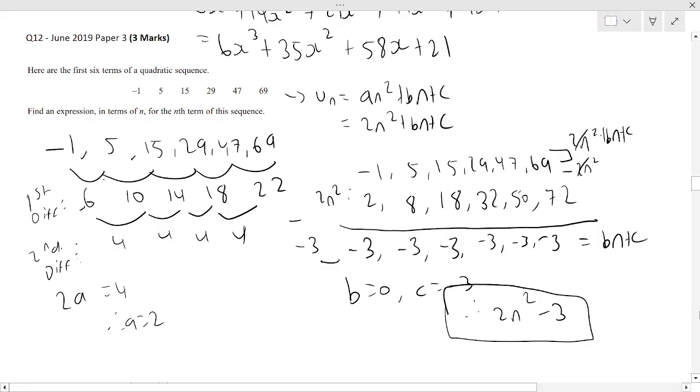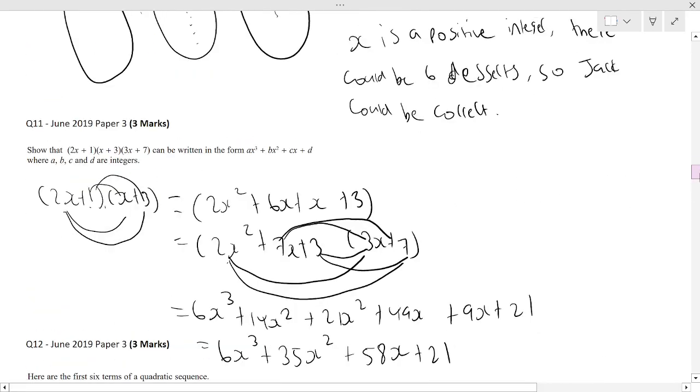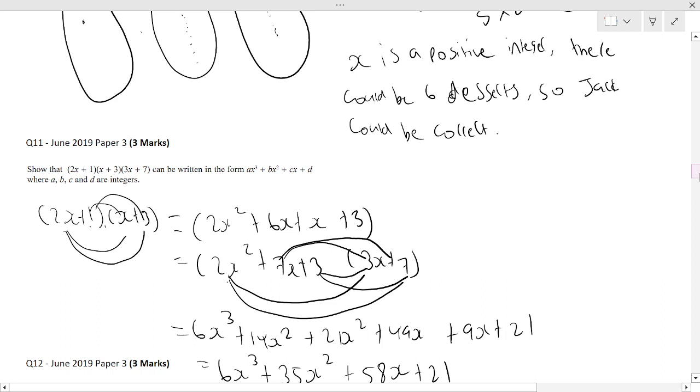2n squared minus 3. Cool. 6x cubed plus 35x squared plus 58x plus 21.